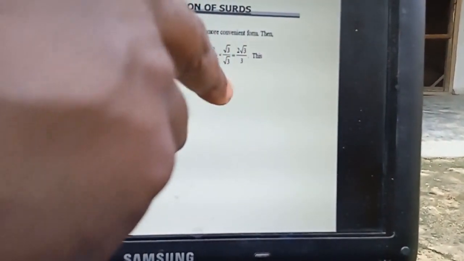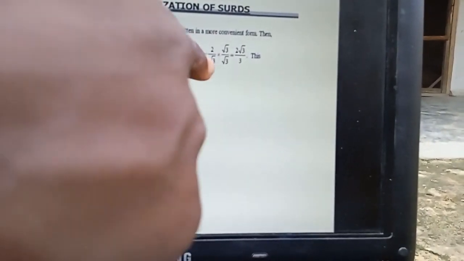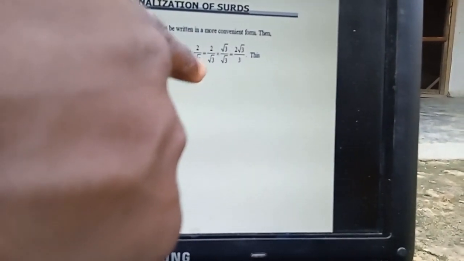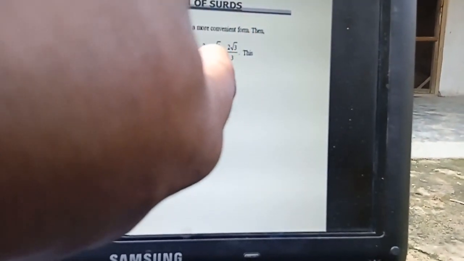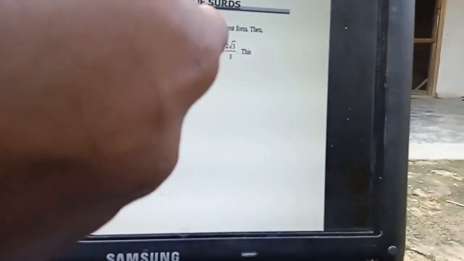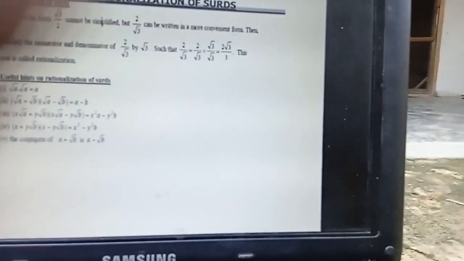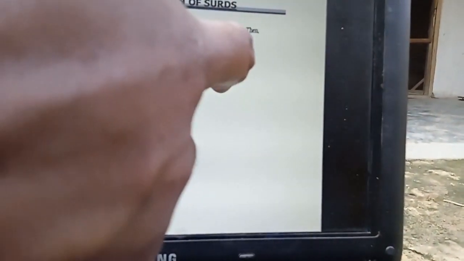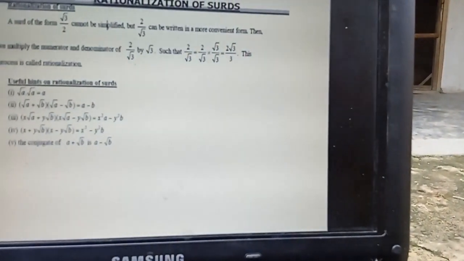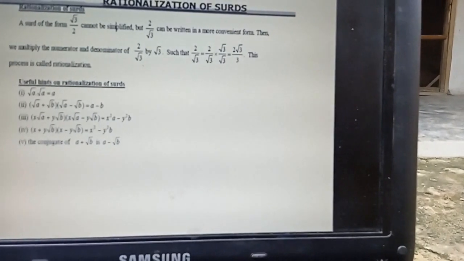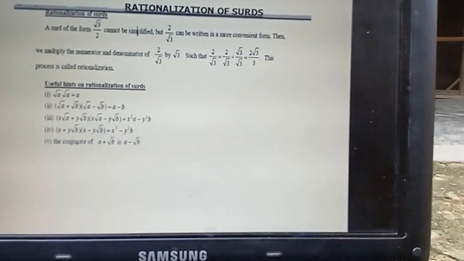We have 2 all over root of 3, which is equal to this all over this, times our denominator. Our denominator here is root of 3 times root of 3, which is the same as this 2 root 3 all over what? 3. This one cancels this one. You are going to remain with 3. This process is called rationalization.